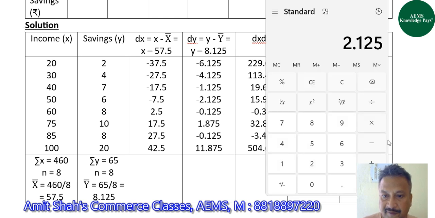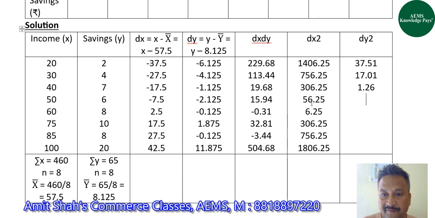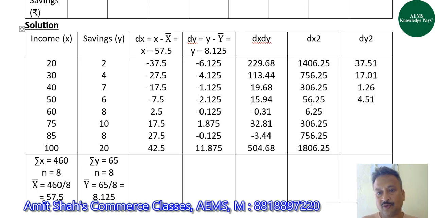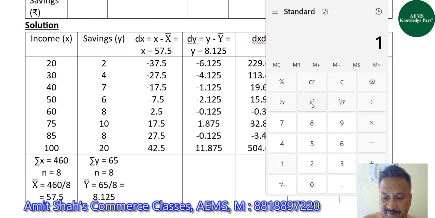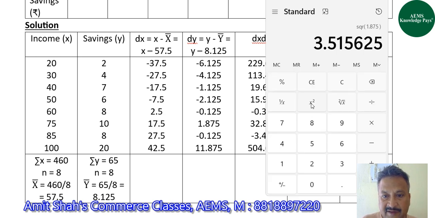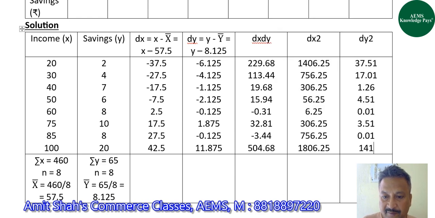Then 2.125, square is 4.51. Then 0.125, that is 0.01. 1.875 gives 3.51. 0.125 we already took, that is 0.01. 11.875 gives 141.01.